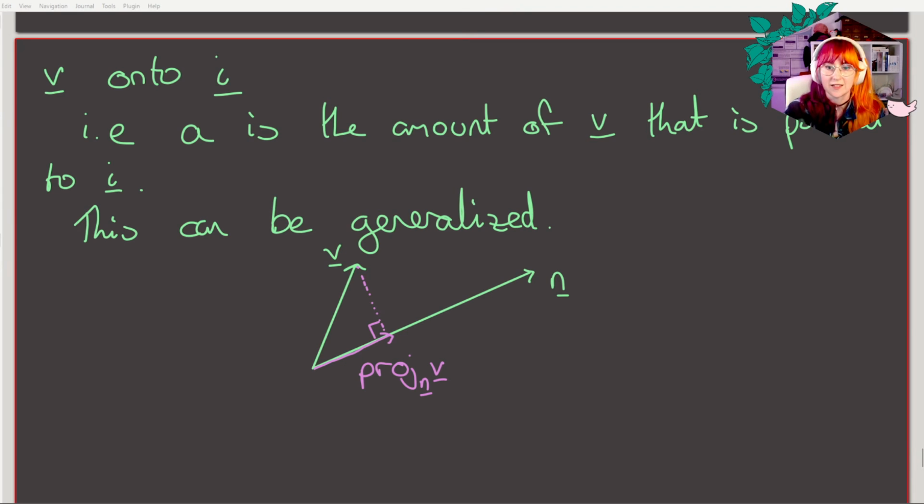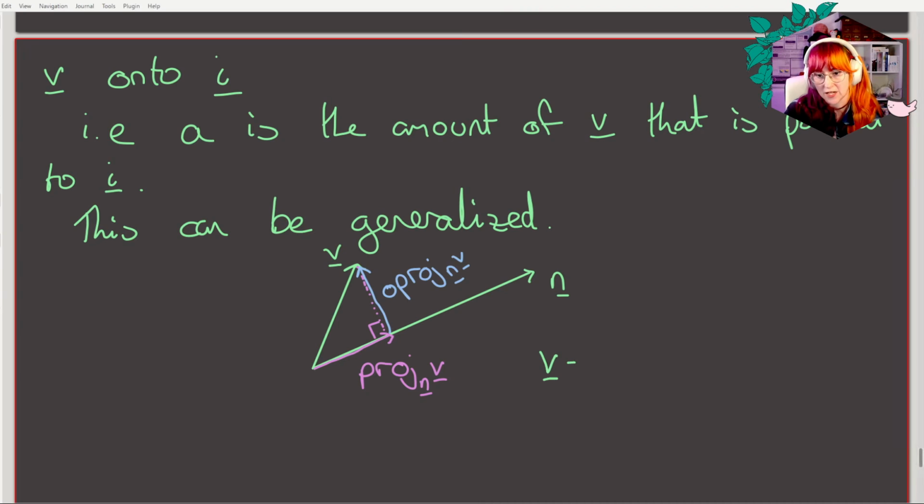And then the opposite of that, so the bit that's left over, is called the oproj, so the opposite projection. These definitions are a bit gross, but the thing to note is that for any direction n, we can do this.